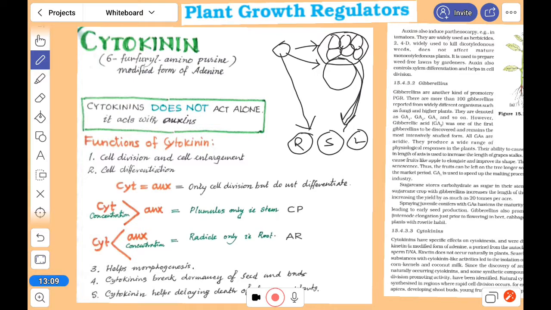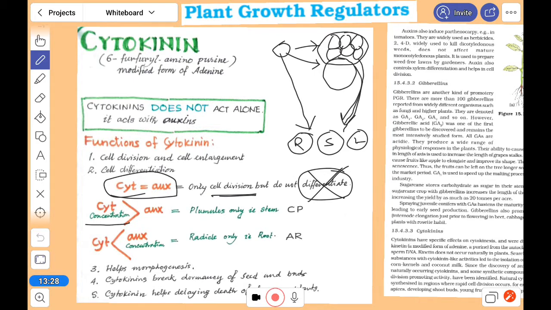Now in cytokinin, it helps in differentiation. Let's know that. When cytokinin and auxin are both there in equal concentration, cell division will be there, but differentiation will not be there.